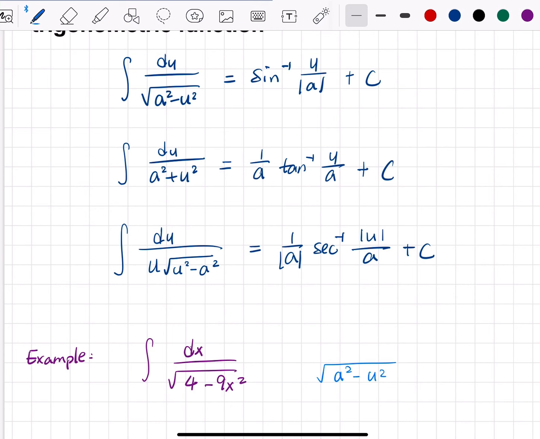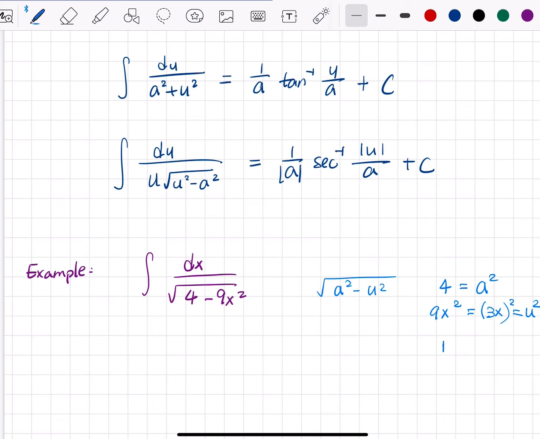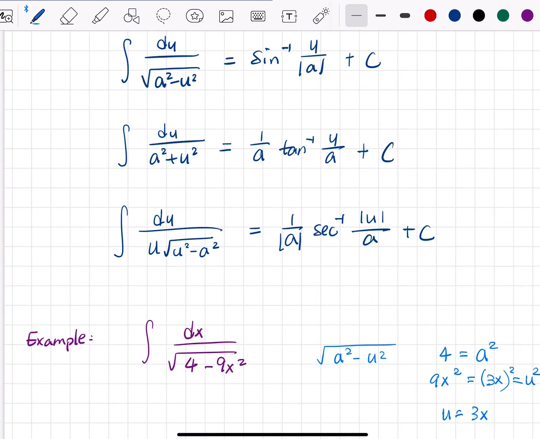So that means 4 is going to be the a squared place, and 9x squared, or 3x quantity squared, is going to be the u squared. So u is going to be 3x. Then once we know those two, we just directly plug into the formula.